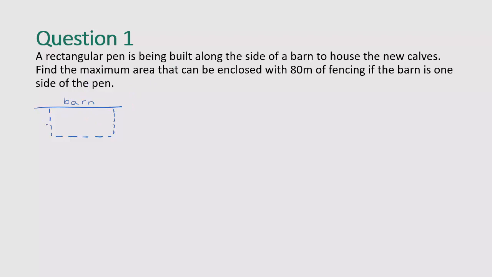I don't know anything about the length and width, but I do know that the width could be represented by x. And if I have 80 meters of fencing altogether and I've used up 2 x's of that length for the widths, then I have 80 minus 2x left for the other side of the fence.